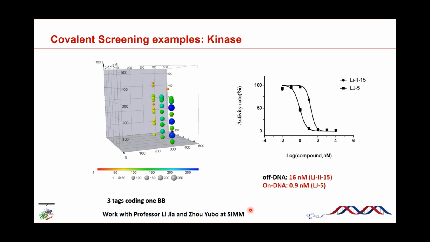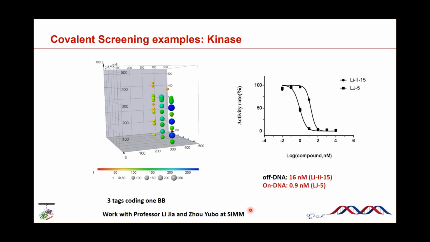Here is one of the strategies we use: we use different tags on the same building block. This clearly shows that for these three tags on one building block, this building block is highly enriched, and we can have a hit compound at 60 nanomolar as a small molecule.